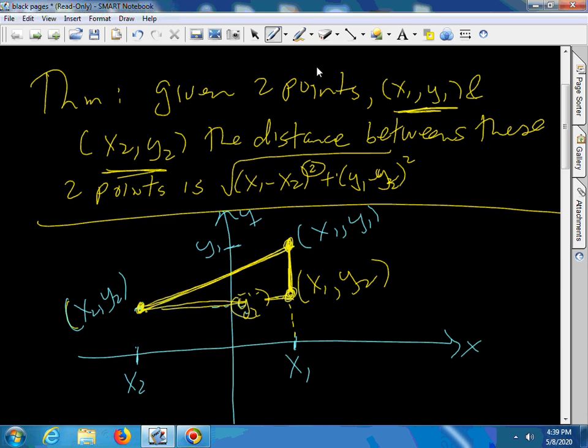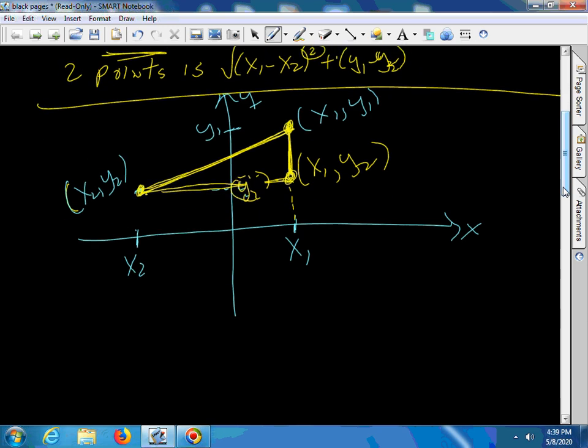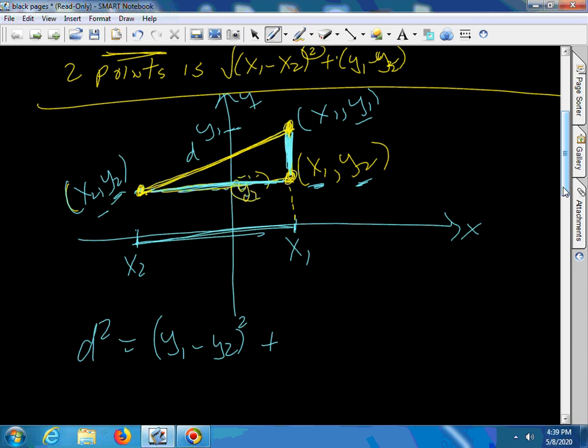So, the Pythagorean theorem would say the distance squared, called this d, will be this distance squared plus that distance squared. But you have to remember, this distance is top minus bottom. It's y1 minus y2 squared. Plus, this distance is at the same height, so it's right minus left, x1 minus x2 squared.